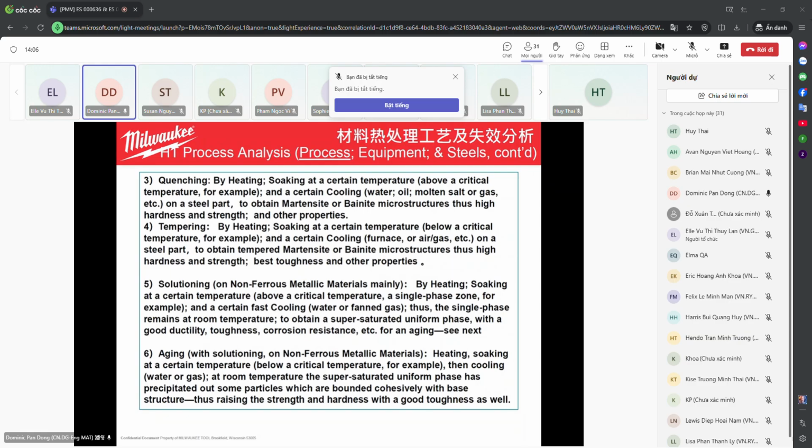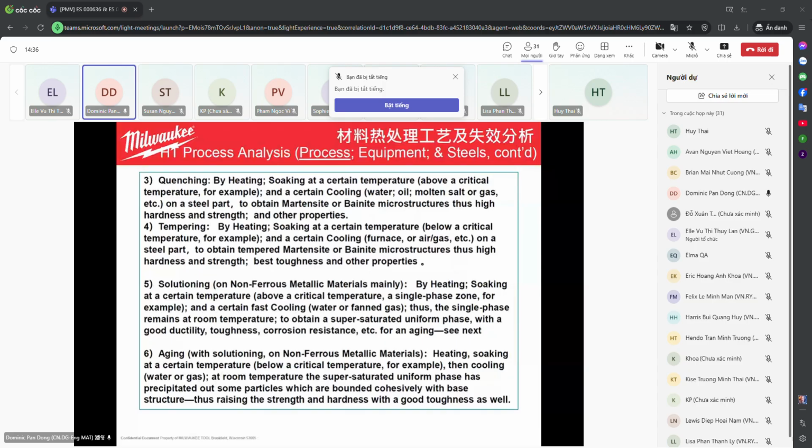Tempering. Tempering is very commonly used. That is to keep the parts at a certain temperature, usually 150 Celsius to 400 Celsius, holding them for around 4 hours to 8 hours, so we can get a balanced mechanical property of the steel with good hardness and good ductility.